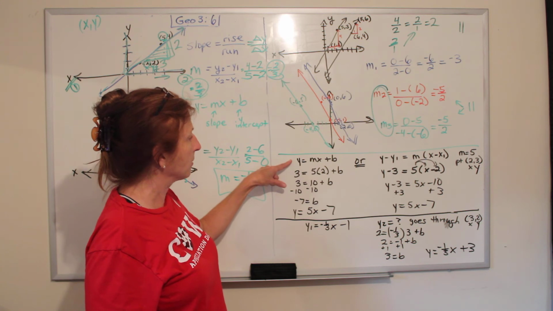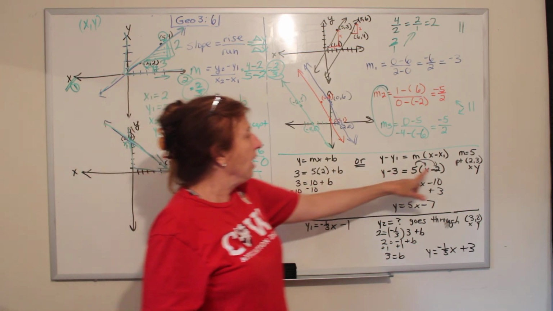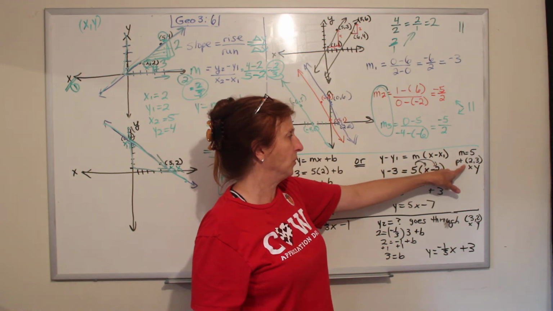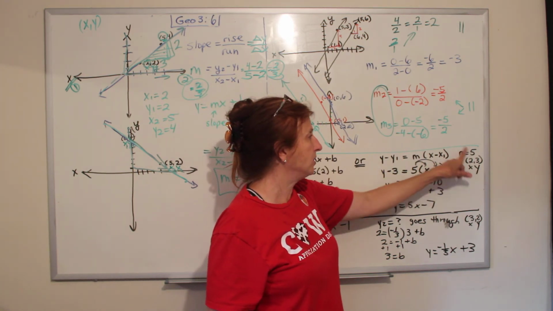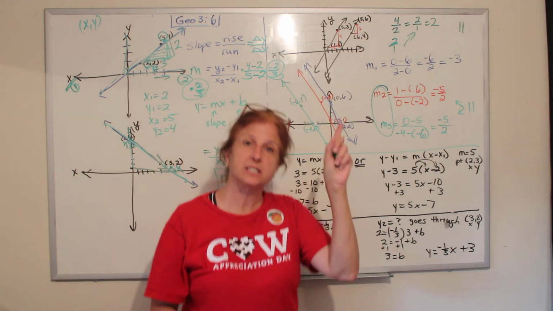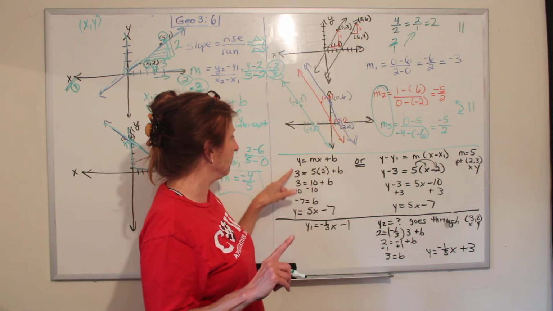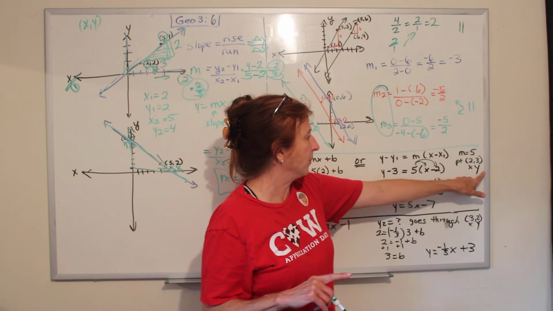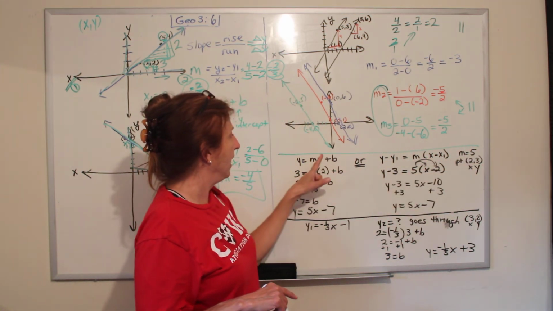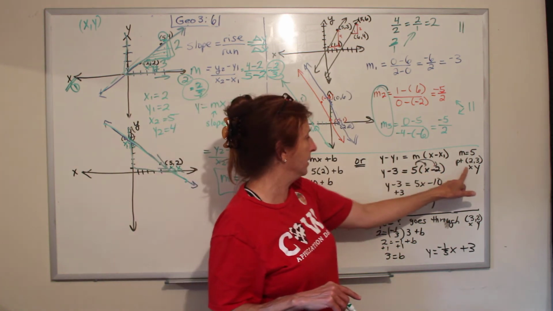If you use y equals mx plus b, they told us the slope was 5 and our point is (2, 3). You substitute them into that equation. So we sing the song, substitute, and then underneath the y, we write 3. Underneath the m, we put 5. And underneath the x, we put 2.